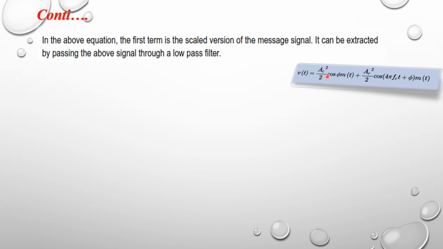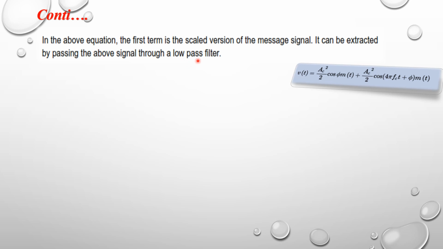The first term is AC square by 2 cos psi m(t) plus the second term is AC square by 2 cos(4 pi FCT plus psi) into m(t), and this is the lower frequency. Cos psi m(t) is the lower frequency and cos(4 pi FCT plus psi) into m(t) is the higher frequency. So we have to extract the scaling factor, and this is the lower frequency. So it can be extracted by passing the above signal through a low pass filter.